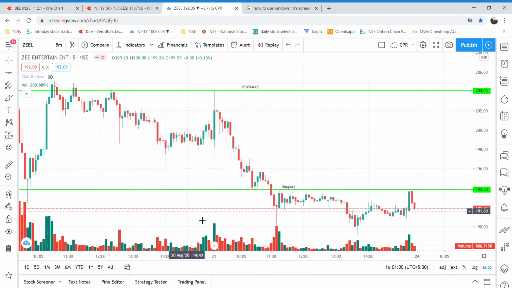Okay, so this is the resistance over here, and this is our support. So what we do, we wait for the price to break either of these, which has occurred over here at 11 o'clock. We wait for the price to close below this line, which it does.